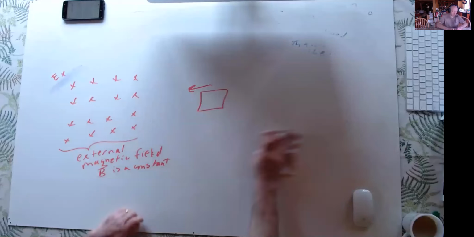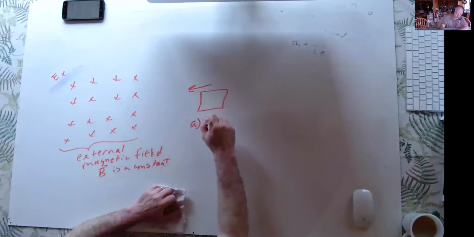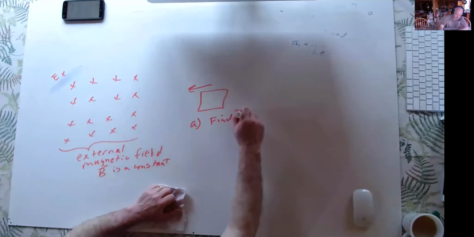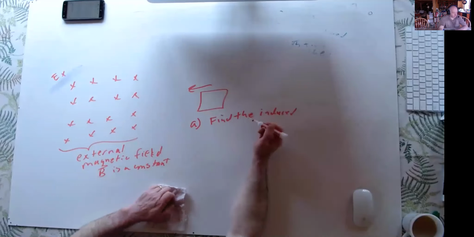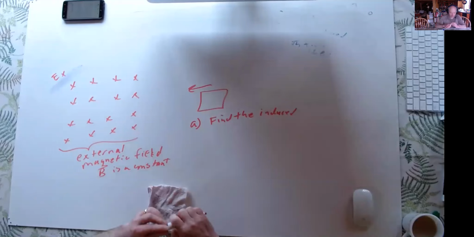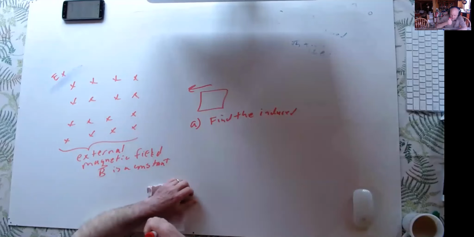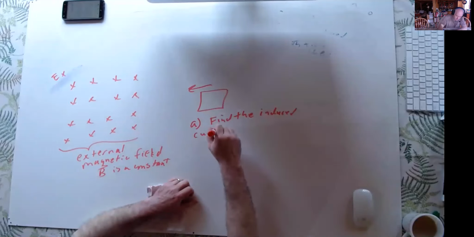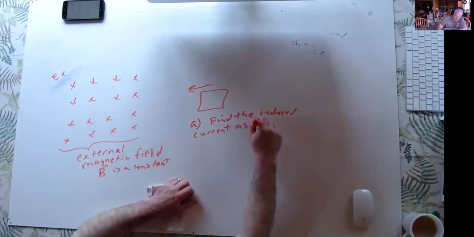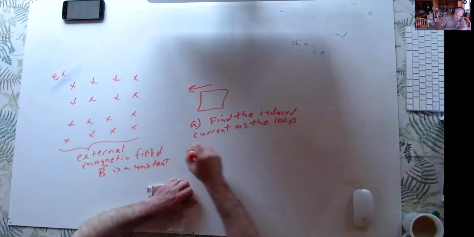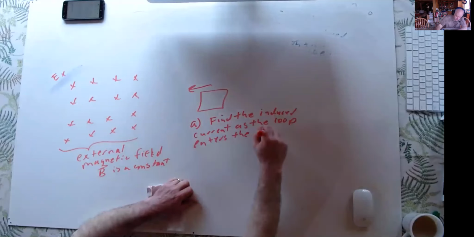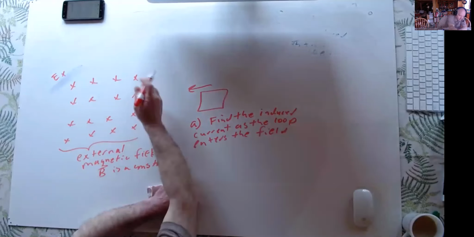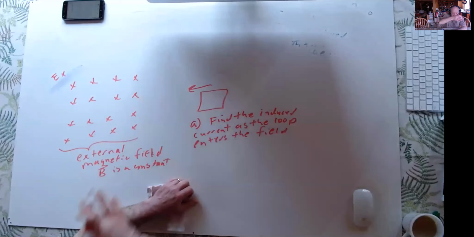So for part A, we want to find the induced current. And by that, I mean only the direction. We'll worry about the magnitude in a little bit. So find the induced current as the loop enters the field. So right when it's going inside here like that, what is it going to be?